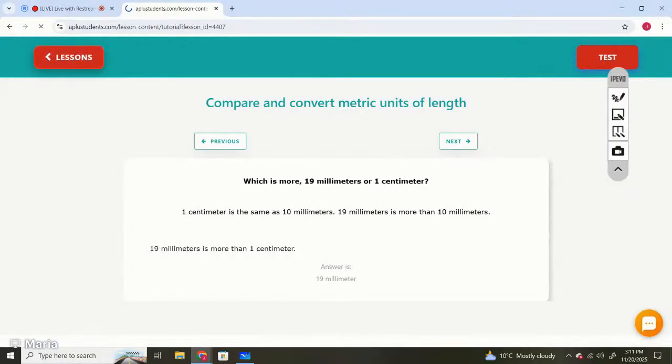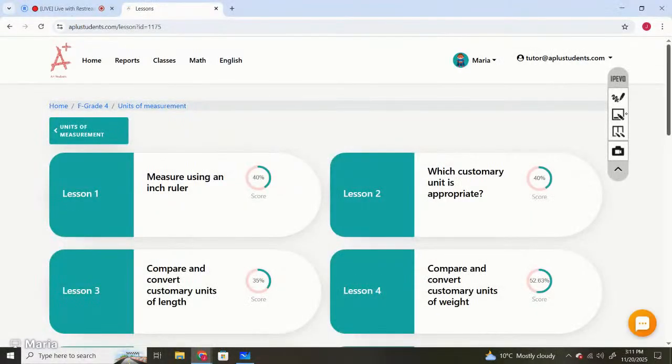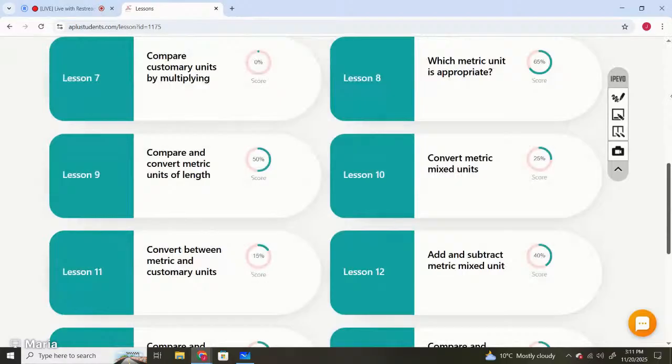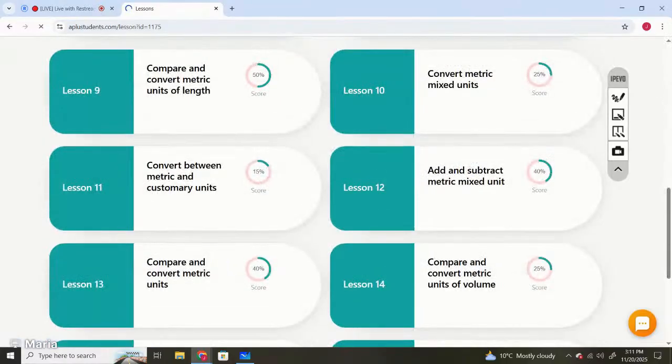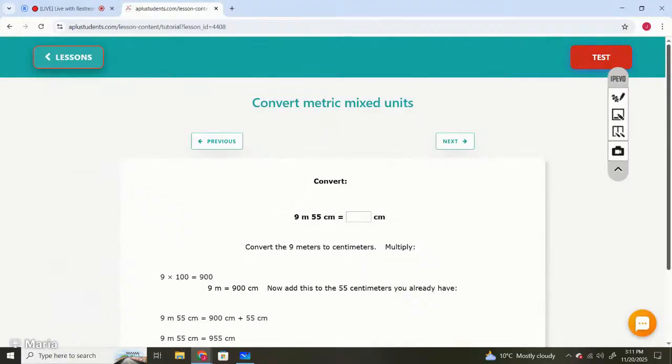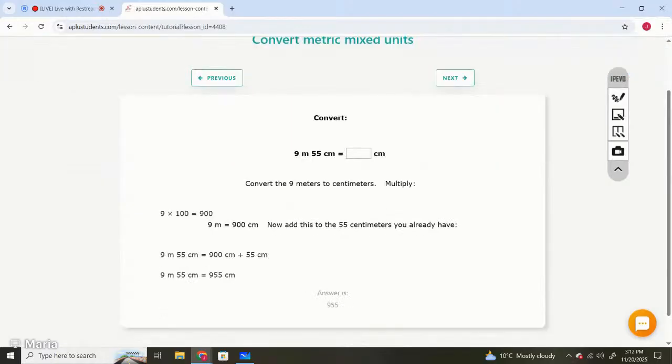The next lesson is compare metric units. 9 meters and 55 centimeters, right?